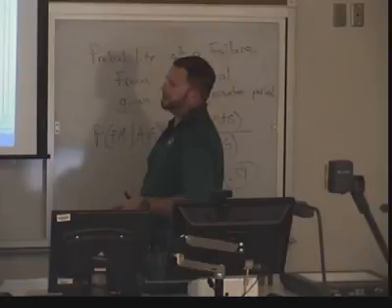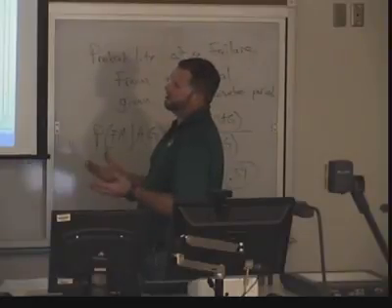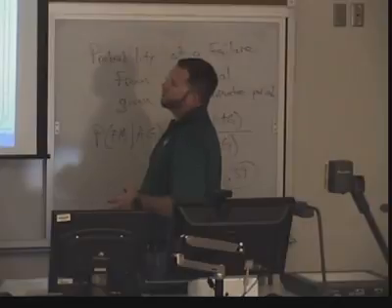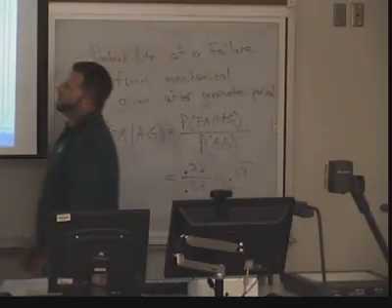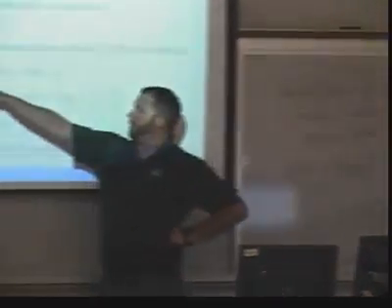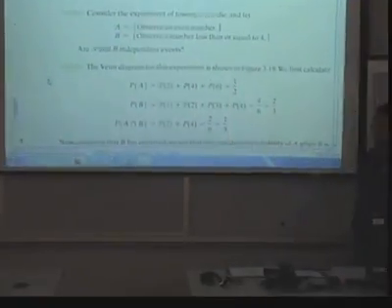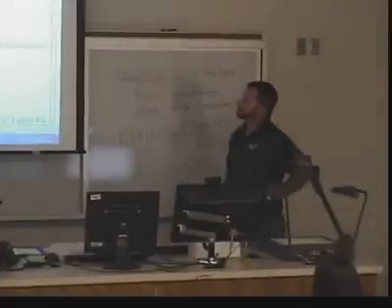Let's think about this. Let's just think about the probability of each separately. So the probability that we will observe an even number, just in general, is the probability of getting a 2 plus a 4 plus a 6. There's 1/2, right? Probability of getting an even number. We've seen that a bunch of times.